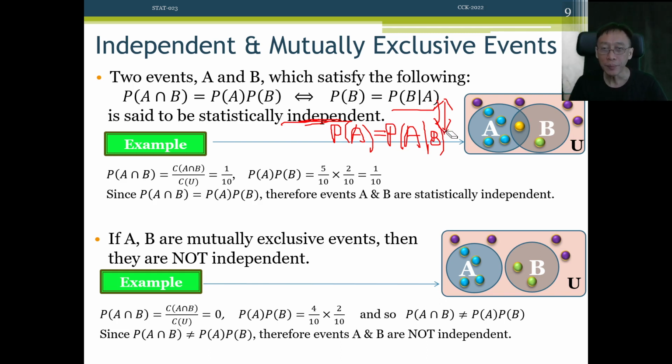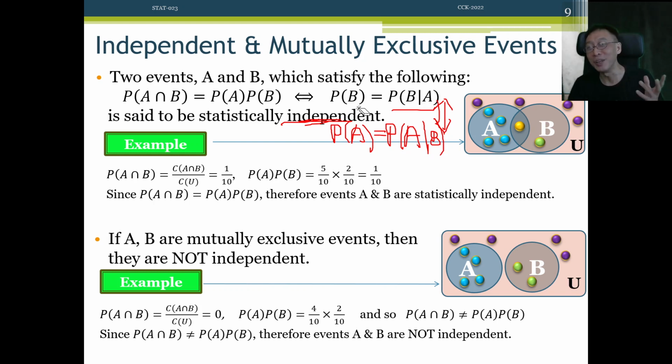Okay, let's take a moment to understand the right hand side here. The left hand side is the definition. The right hand side, what does it mean? It says the probability of an event happening, given that another event has happened. So P of B given A is like as if you didn't tell me that A has happened.